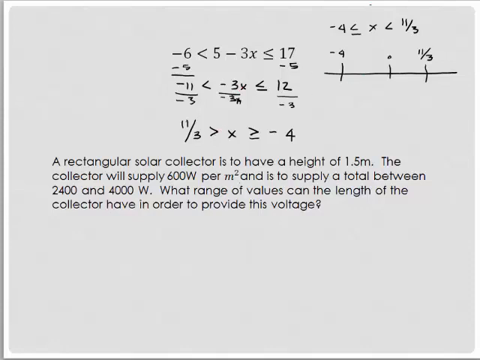Oh, I didn't change it around. I rewrote it and didn't change it around. Nope, that stays less than. And that stays less than or equal to. Oh boy. Let's get this straightened out. I'm sorry.